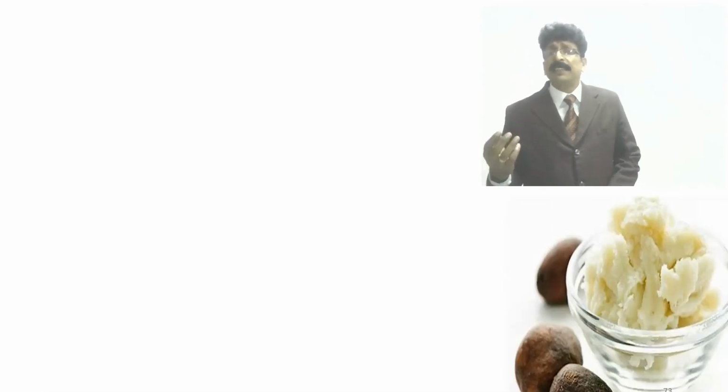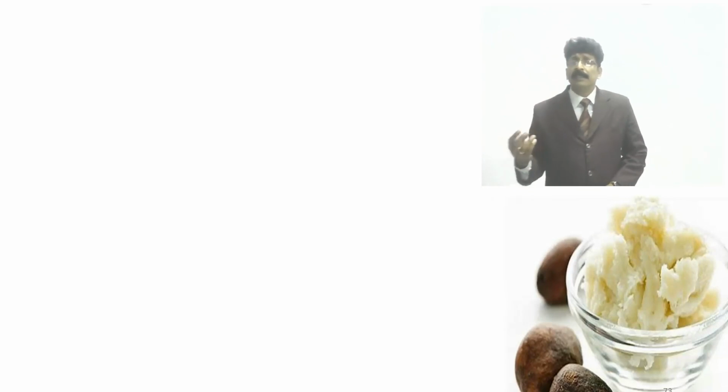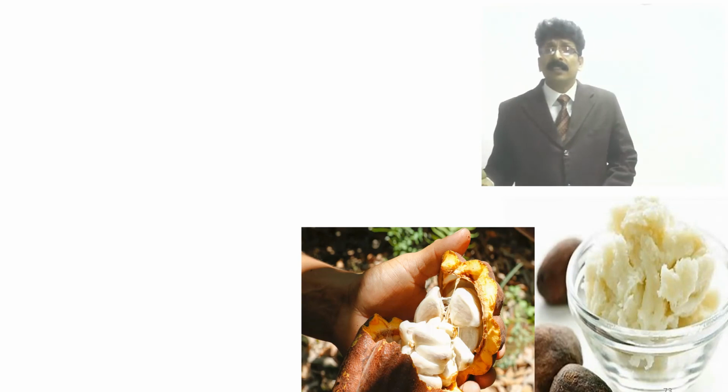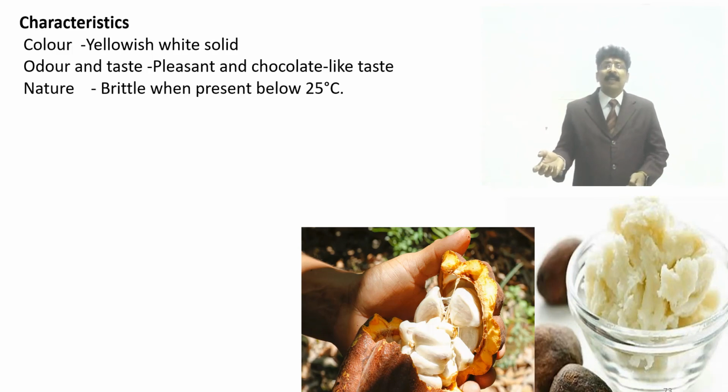So this is the picture of the cocoa butter and the seeds present in the fruit. How it is removed from the fruit, you can see in the picture. When the fruit is ripened, it can be opened like this and the seeds can be removed.